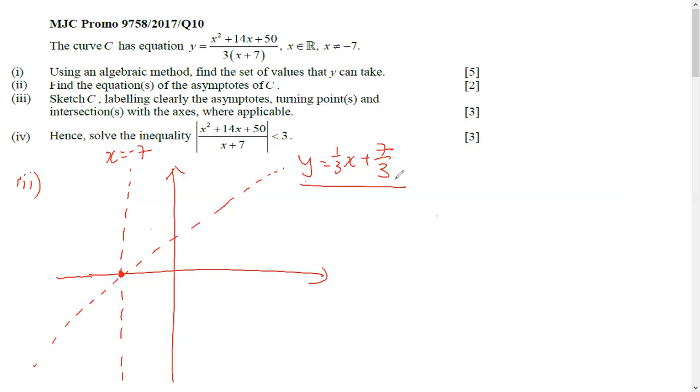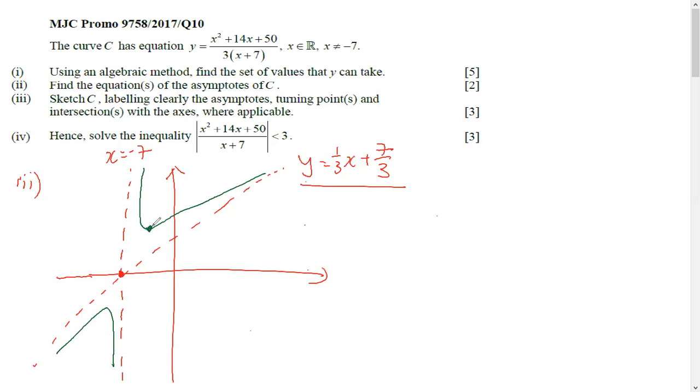So there's supposed to be 2 turning points. Let me just draw the graph. One will be somewhere here and the other one will be somewhere here. For the 2 turning points, you can use your calculator, go to your trace function and find out your maximum and minimum point.